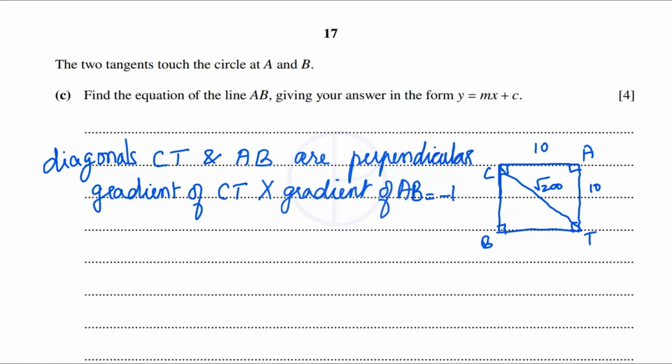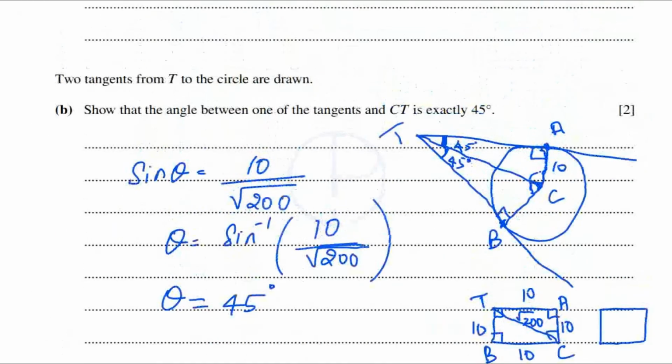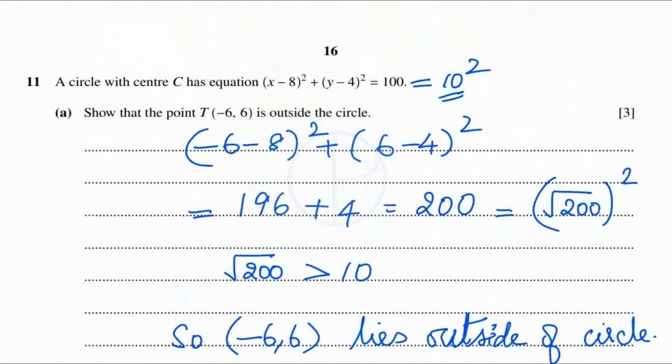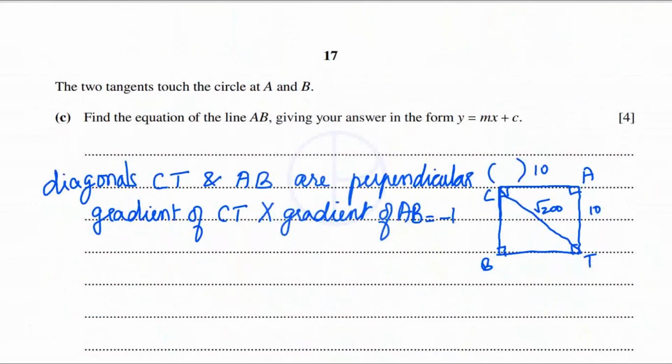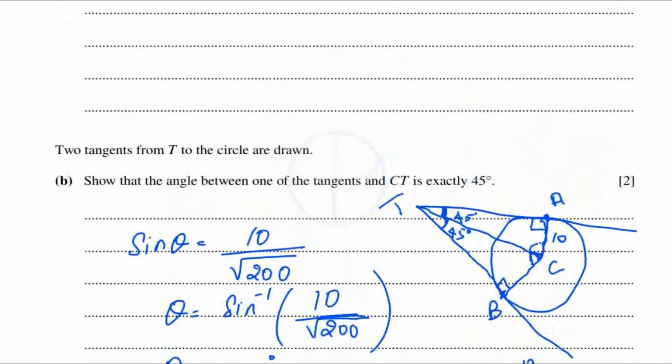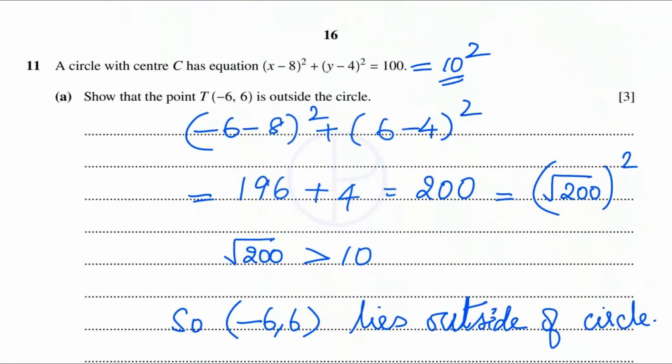So what is the gradient of CT? We know the coordinates of C and T. T is (-6, 6), and C is the center of the circle, which is (8, 4).